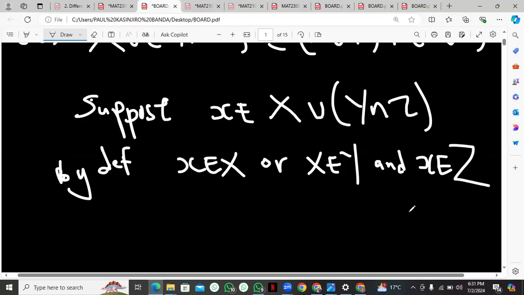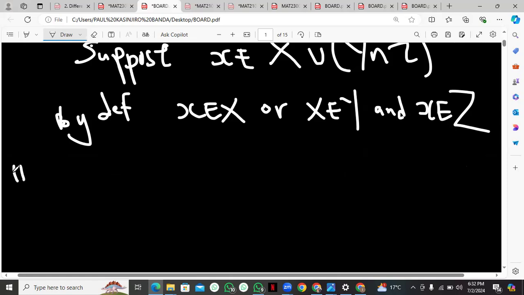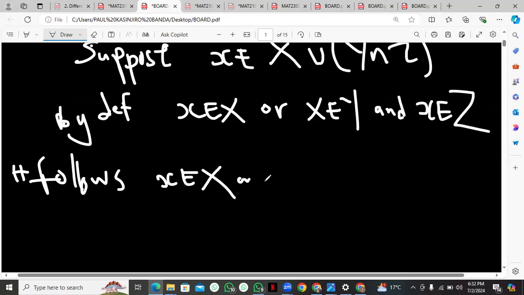Okay, and then from here, we can see that we can actually group the first X in this set X, okay? We can unionize it with the Y, and we can also unionize it with the what? The Z. So you can write it follows that this X is actually a member of set X or Y, and then you say and, okay?